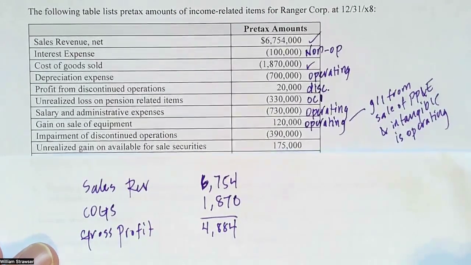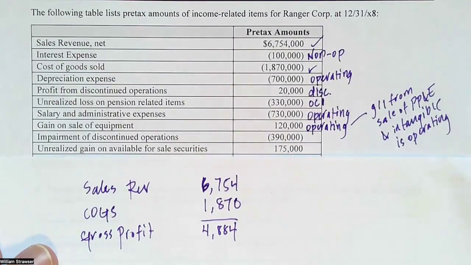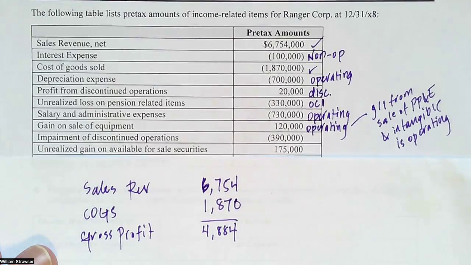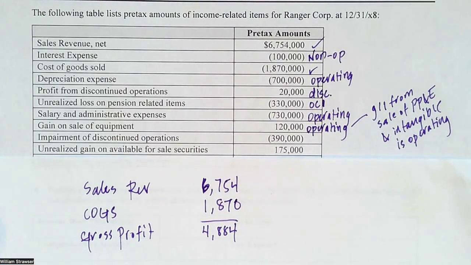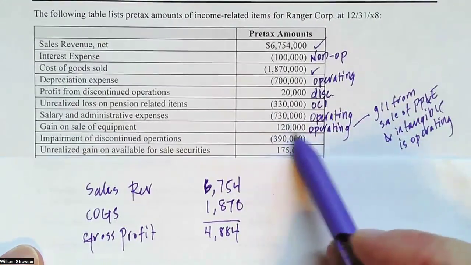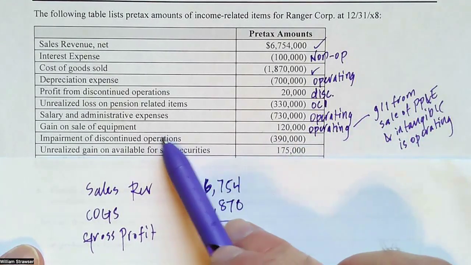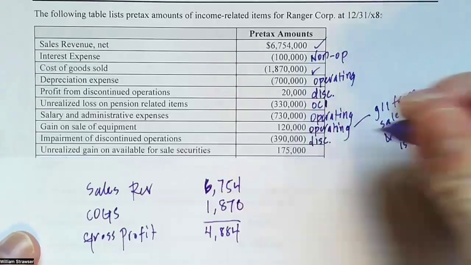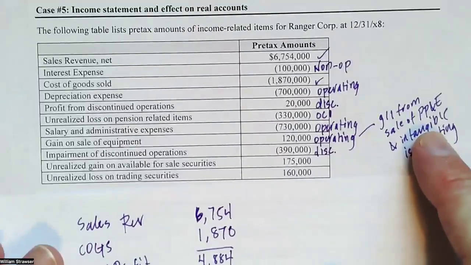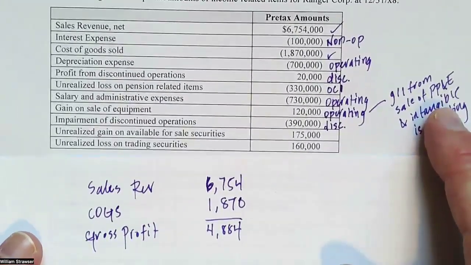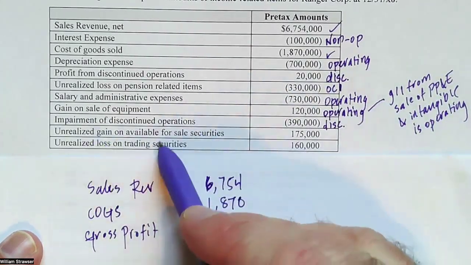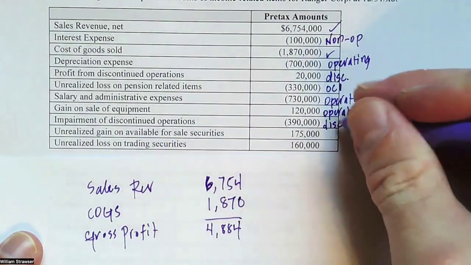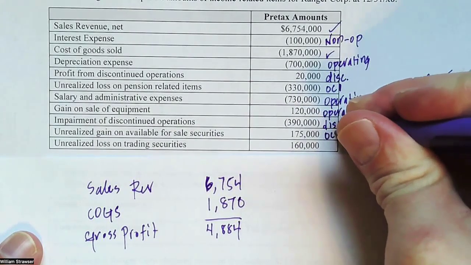Gains and losses from the sale of investments, that's not operating. We have an impairment. I calculated the impairment for you. It's an impairment of a disc op. So it's a discontinued operations. Then we have two unrealized items at the very end. The unrealized gain on the available for sale is definitely OCI.